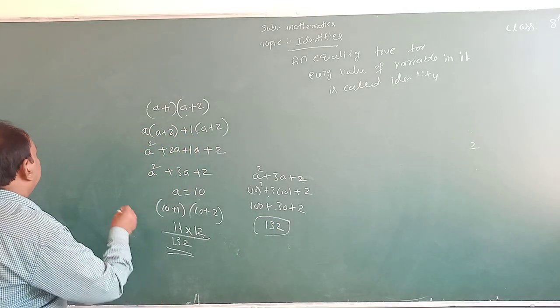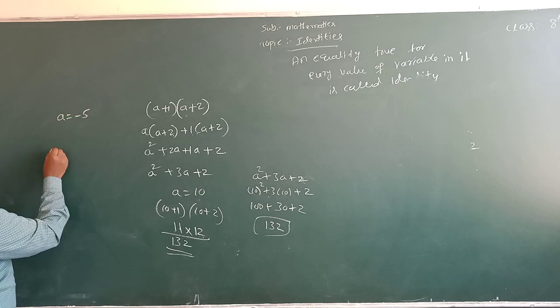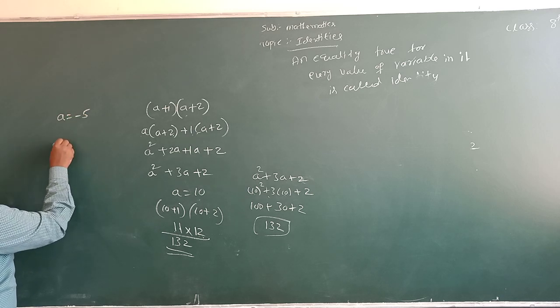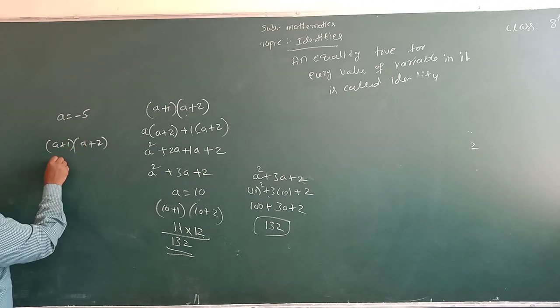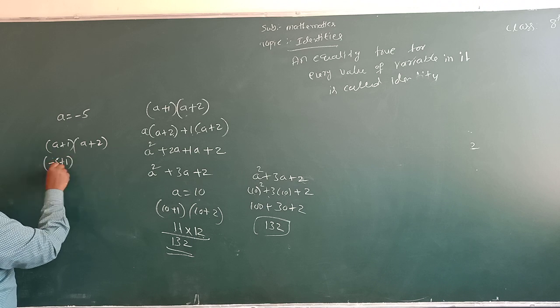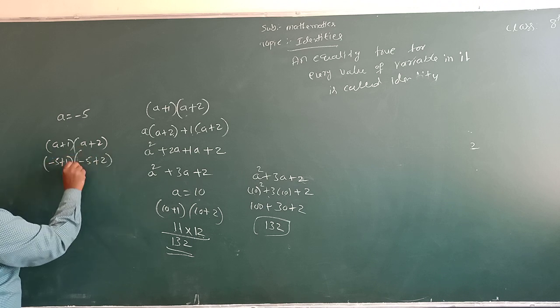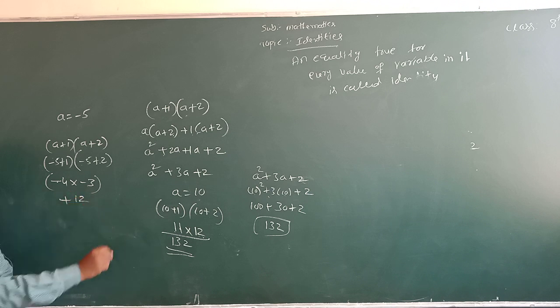Now substitute a equal to minus 5 in (a + 1) into (a + 2). A is minus 5 plus 1 into minus 5 plus 2. One is minus, another is plus, subtract: 5 minus 1 is minus 4. 5 minus 2 is minus 3. Minus into minus is plus, 12.